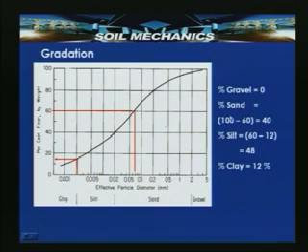Here the percentage gravel is 100 minus 100, which is 0, the percentage sand is 100 minus 60, around 40%, the silt is around 60 minus 12, which is 48%, and the clay is around 12%. So, this is basically a soil with a major amount of fines and some sand. It is something like a sandy silt, where the sand is less compared to the composition of the silt and clay.